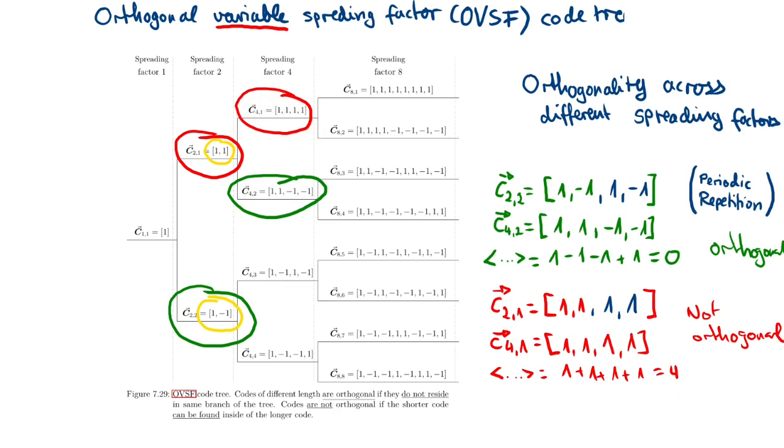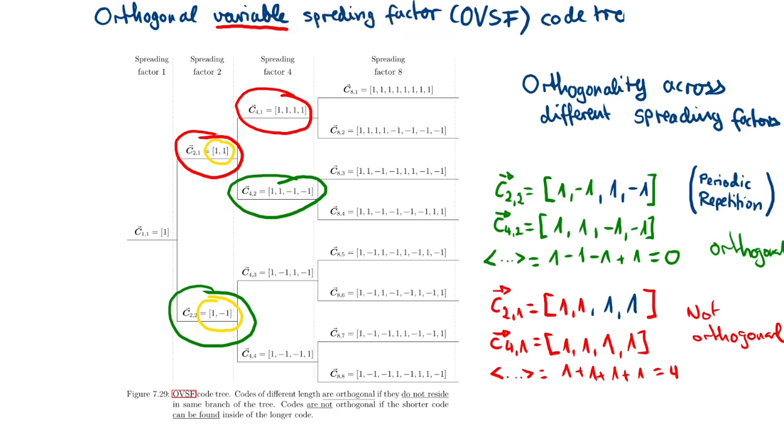This code would also be orthogonal, and if you instead assign this code, it would be orthogonal to this code too. So this is the system behind the orthogonal variable spreading factor code tree.